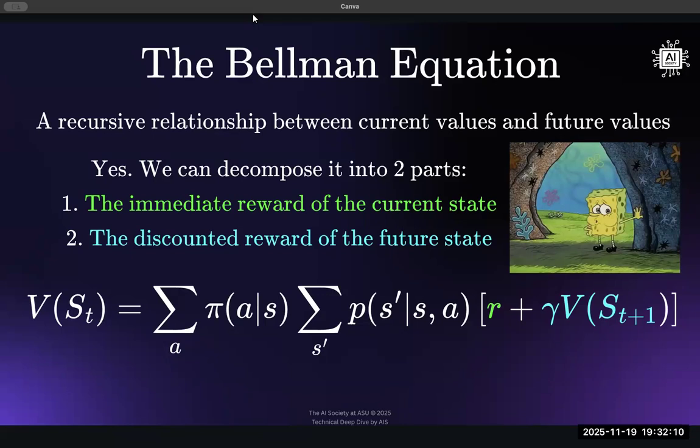And then we'll also take another sum over all future states. And this P right there, that little P, says what is the probability of going to the next state, which is S apostrophe, given that we are in some state and that we also take action A in that state.